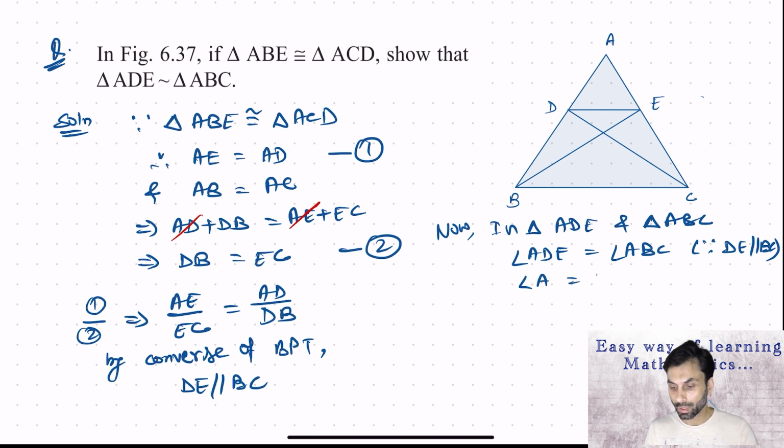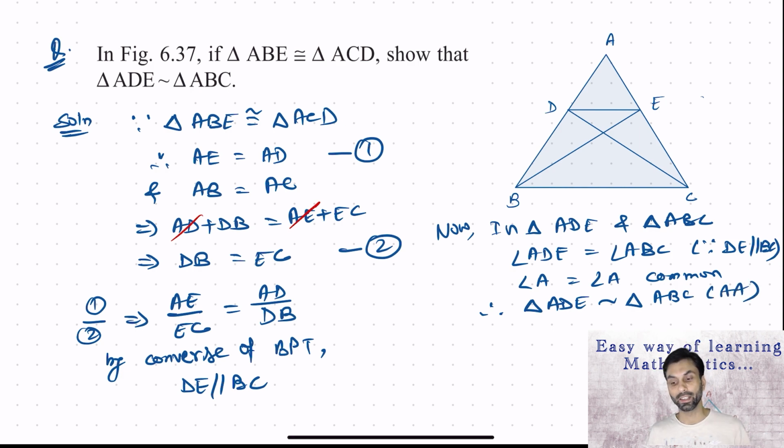And also angle A equals angle A, that is common. Therefore, we can say triangle ADE is similar to triangle ABC by AA criteria.